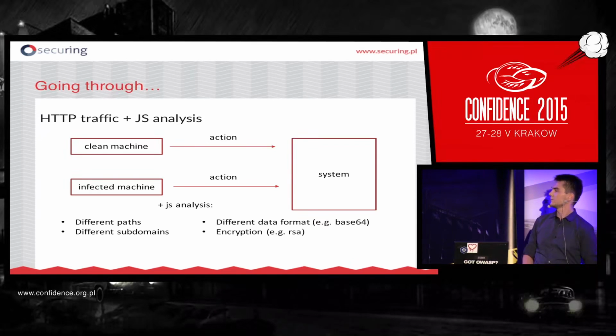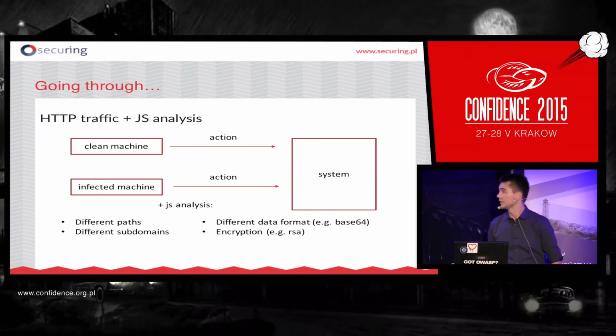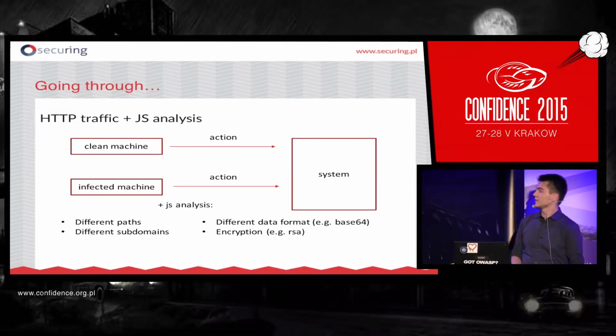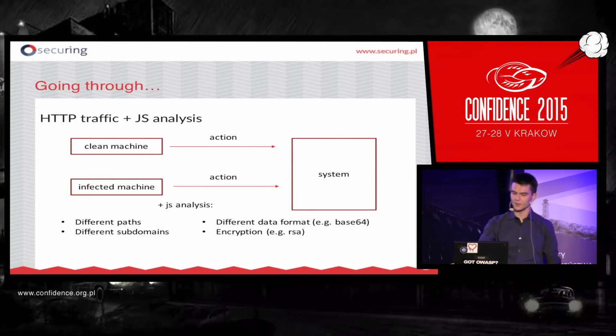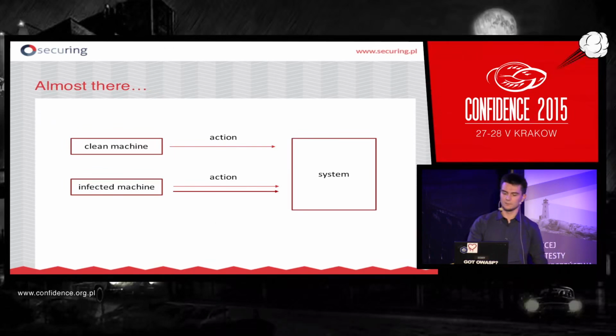There were a lot of base64 strings, which didn't appear in the clean machine traffic. And we've seen some encryption, RSA, asymmetric keys, and so on. Counting the HTTP requests, we've seen that on the clean machine, we've got just one simple action. And on the infected machine, we've got something more.